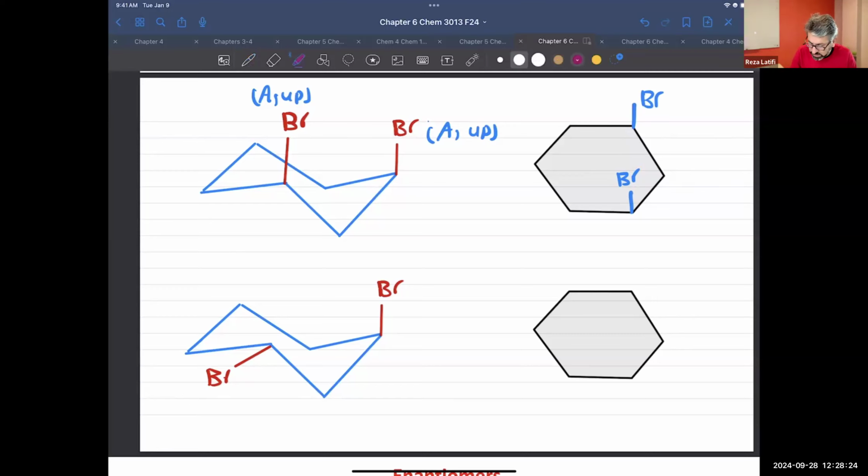It will be here. Or maybe I could put them in a better position so you can see them better. Let's put one here and one there. In that case, the plane is going to be somewhere here. That's going to be the plane. And this is going to be cis.